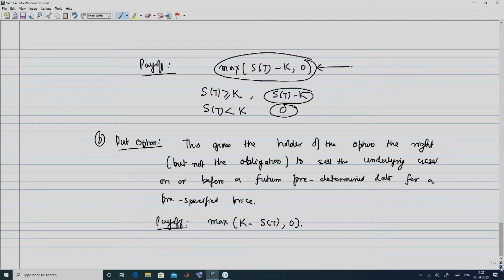Okay, so to wind up the discussion on the options, I will just quickly describe some terminologies.